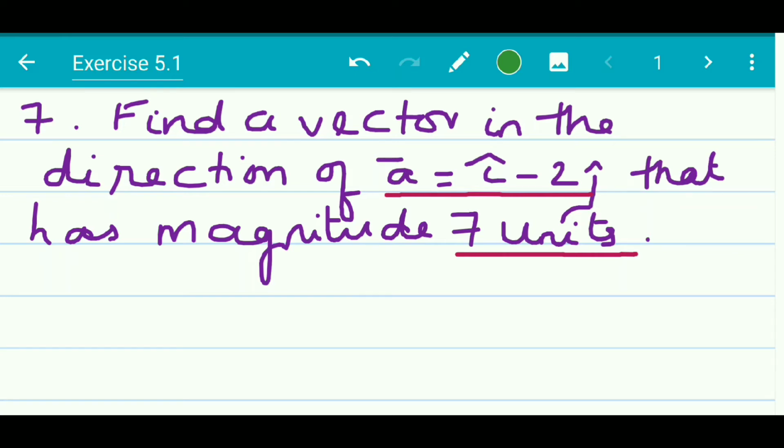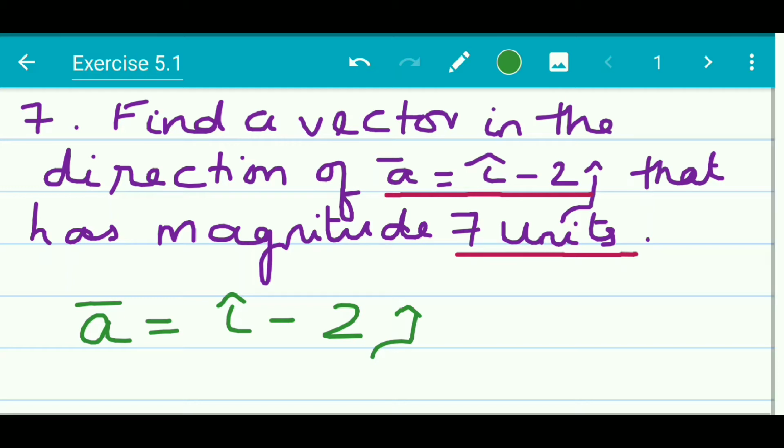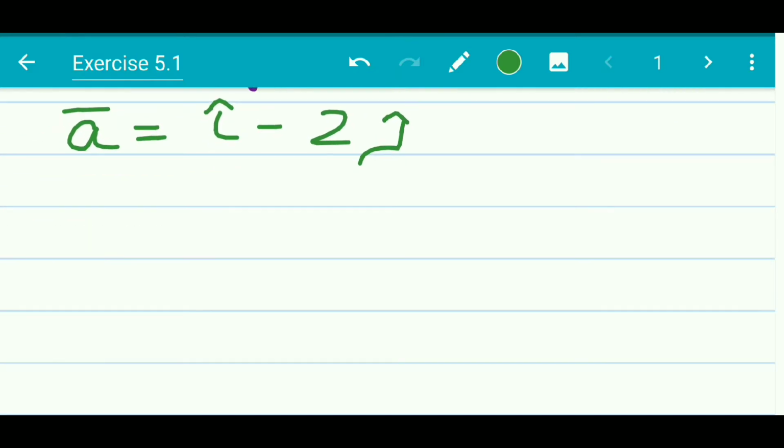So in the seventh sum, find a vector in the direction of a bar is equal to i minus 2j that has magnitude 7 units. So in this case, a bar is given as i minus 2j. Now what we do is first, we find the magnitude of a bar. So magnitude of a bar comes out as mod a.